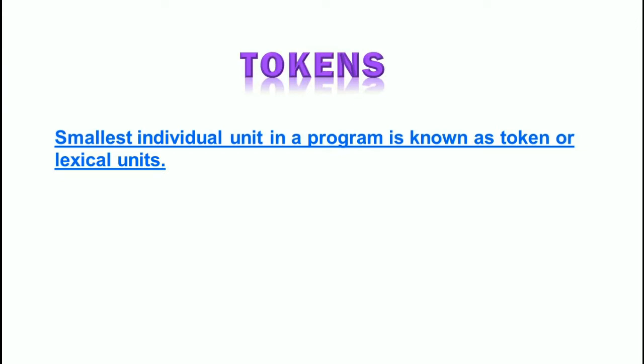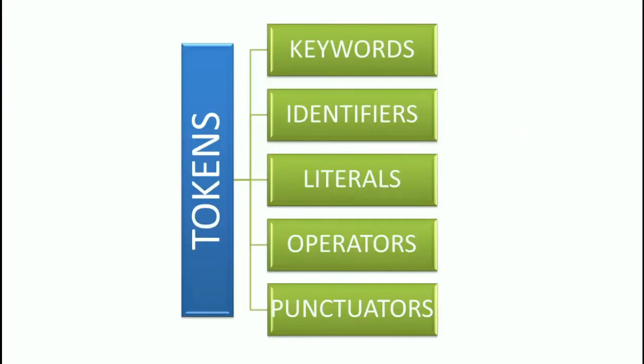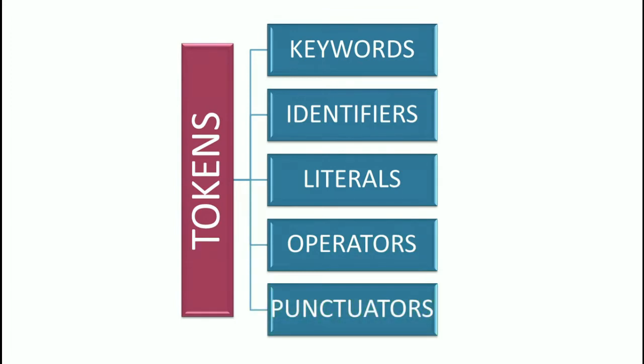Similarly, in a programming language, a single element of a programming language is called a token. Python has these 5 types of tokens. What are those? They are keywords, identifiers, literals, operators, and punctuators.